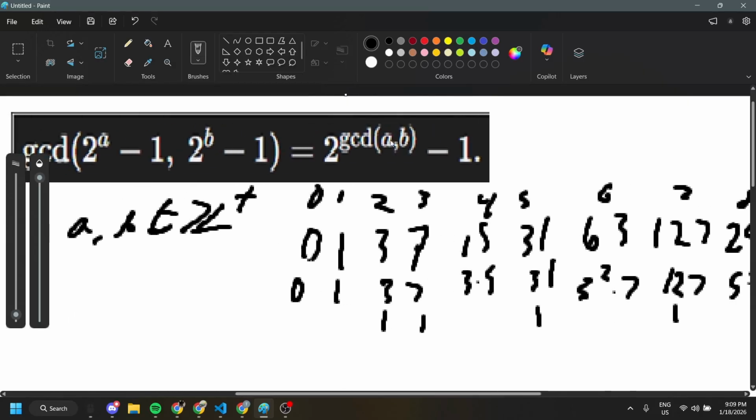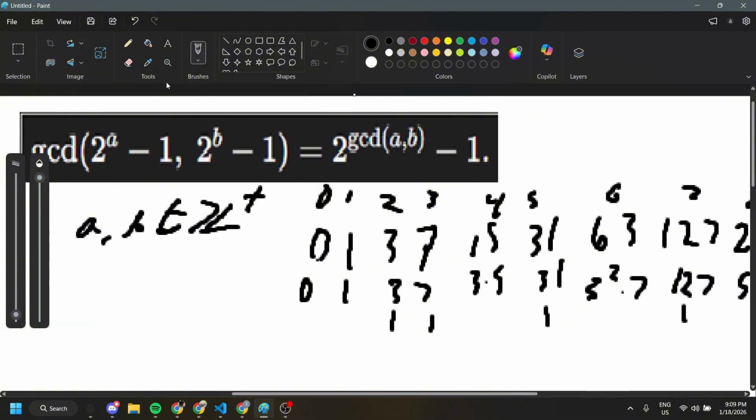Oh, I do see something. So this is basically saying the greatest common divisor of this plus 1 is a power of 2. The greatest common divisor of both of these plus 1 is a power of 2.